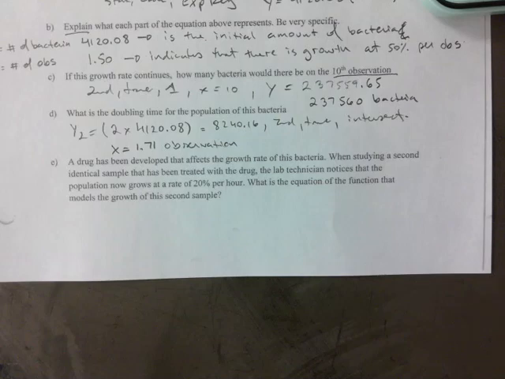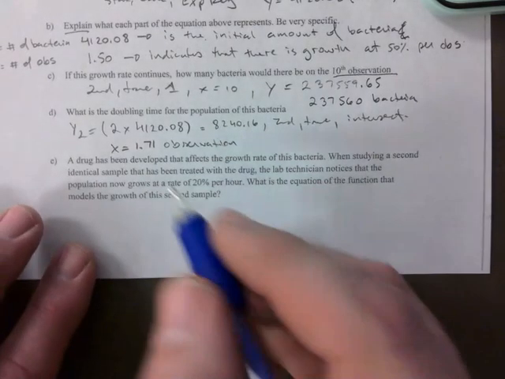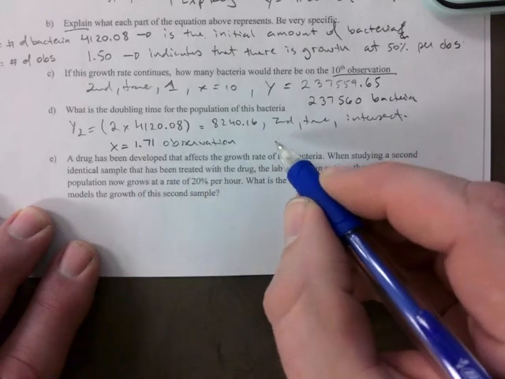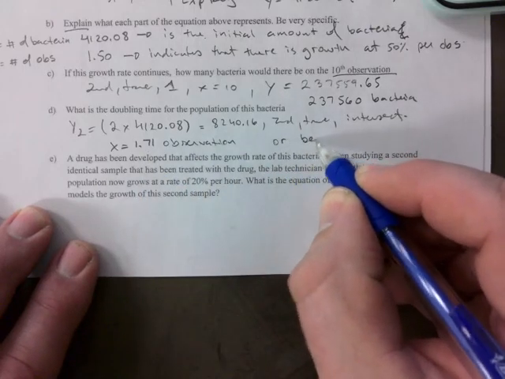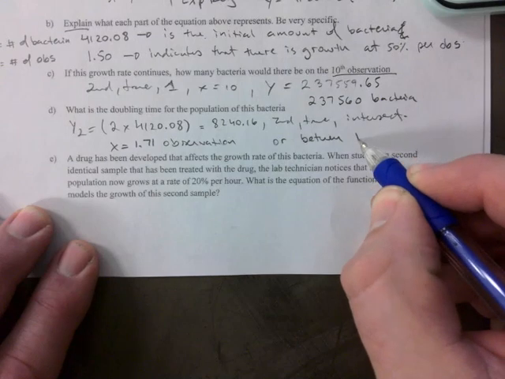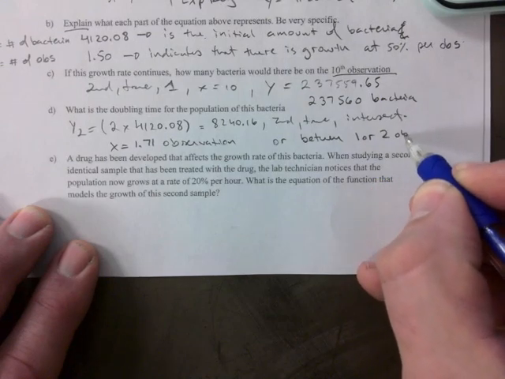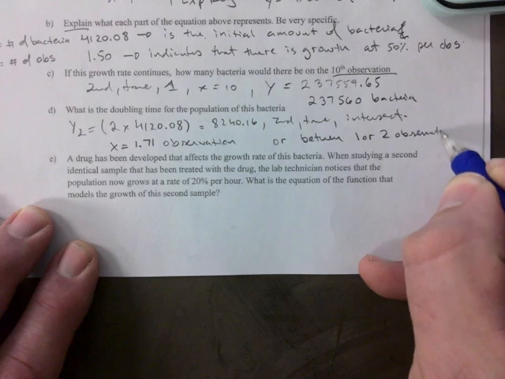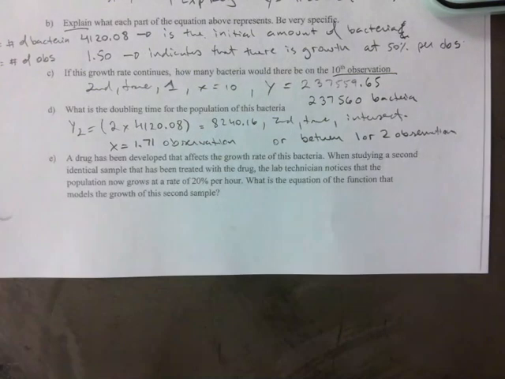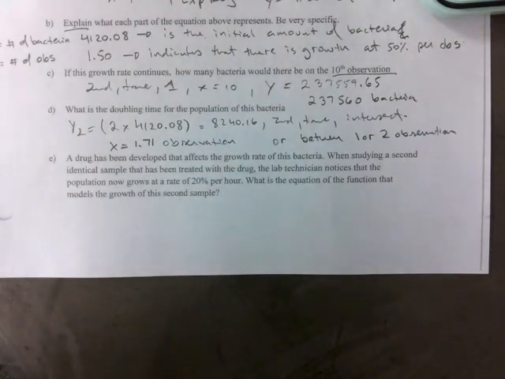It's 1.71 observations, or between 1 or 2 observations if you must, because you can't have a partial observation, right? Doesn't work. Maybe you peek with one eye, I don't know. But if you make an observation, that would be it.